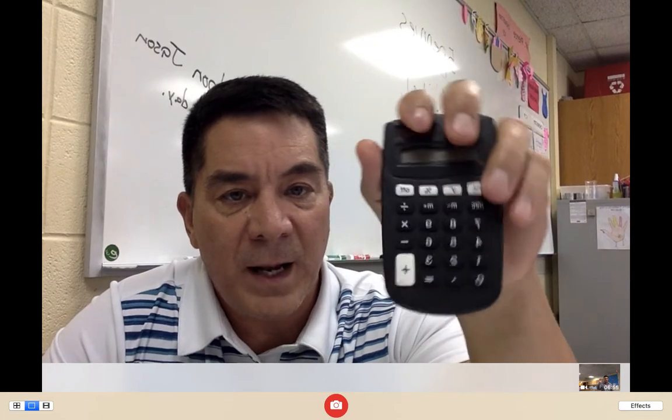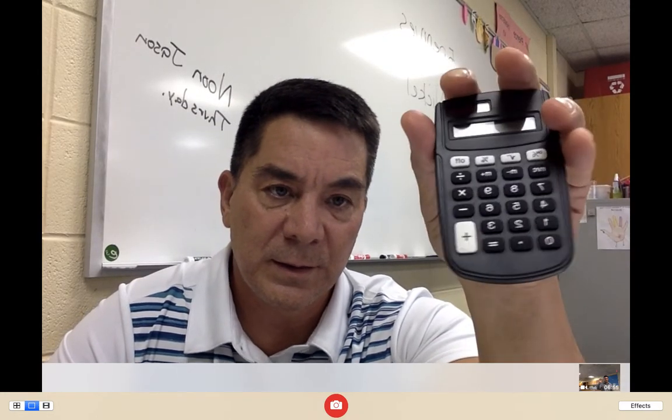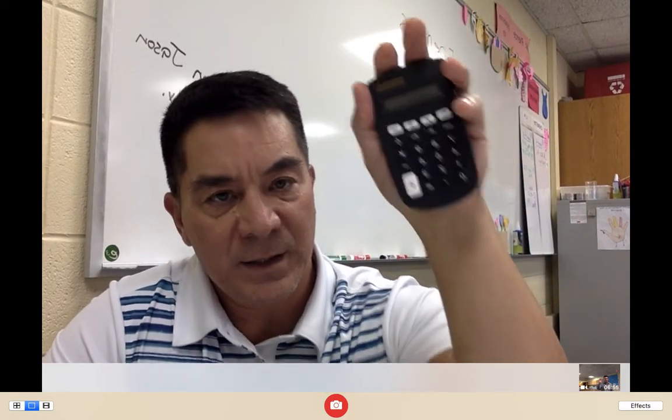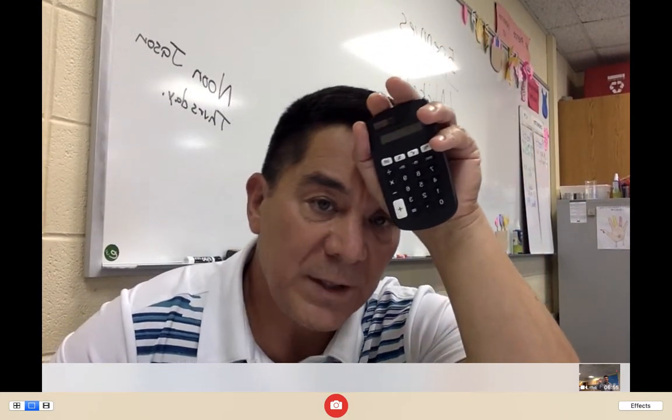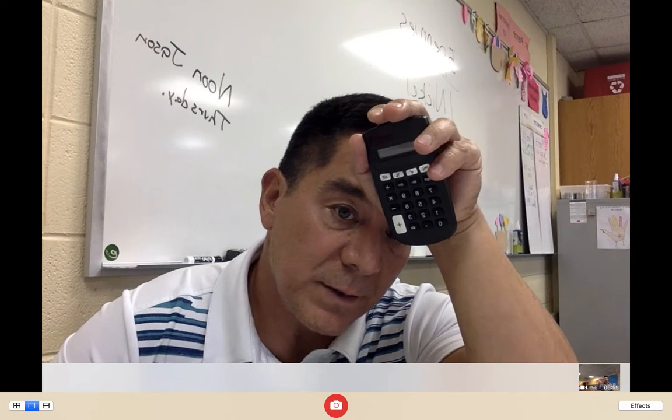Nearly all of our math you can do on this 1, 2, 3, 4 function calculator. 4 functions is all it does. It does multiplication, division, subtraction, and addition. That's it. Okay, so I think some of you have these great high-powered calculators and they are getting in the way.